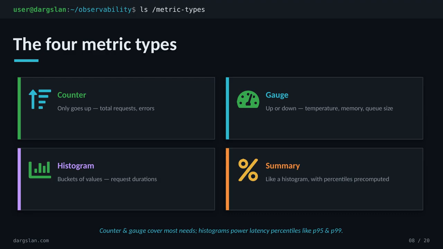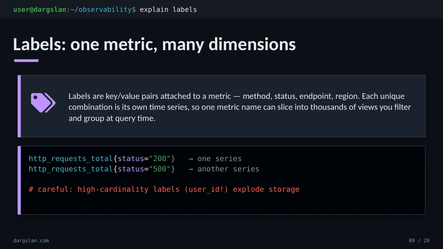And summaries do something similar, but pre-compute those percentiles on the client side. In practice, counters and gauges handle most of what you'll write, and histograms show up the moment you care about latency distributions.